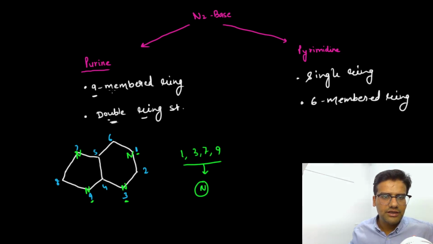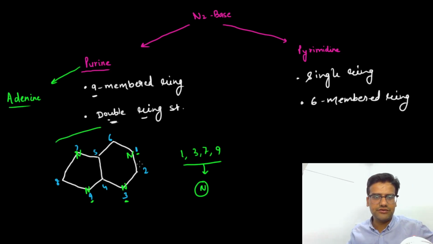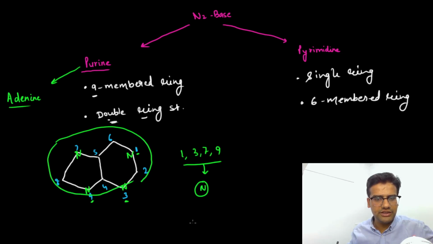Purine can be of two types, that is adenine and guanine. This is the basic structure of the purine, and this basic structure is modified into two forms, that is adenine and guanine.